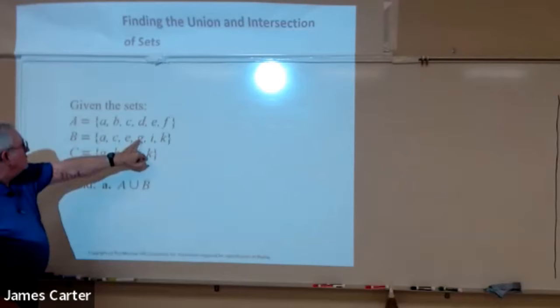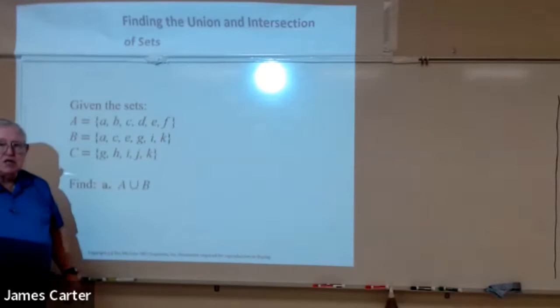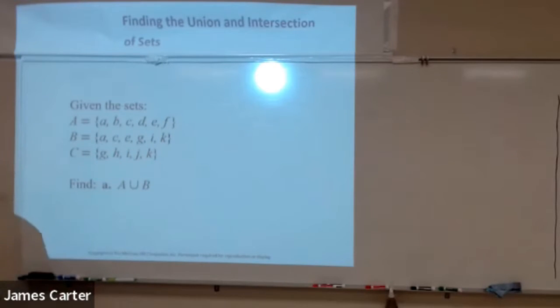Every one of these, including that one, which is not up here, and that one, which is not up here, and that one, which is not up here, because it's anything that's in either of them. And that's the total set of A union B. Remember, union means anything in either of them. Now, notice we only listed the A once, the C once, the E once, and so on. We only listed once.